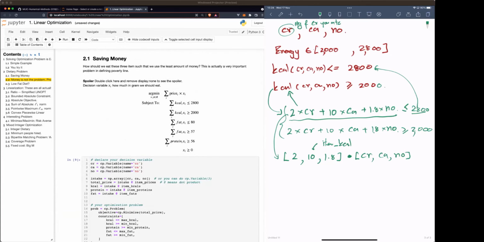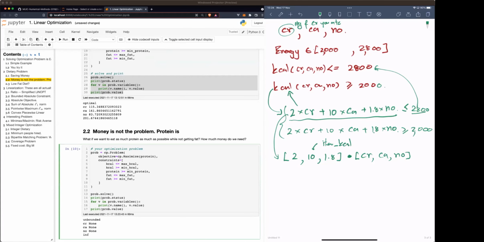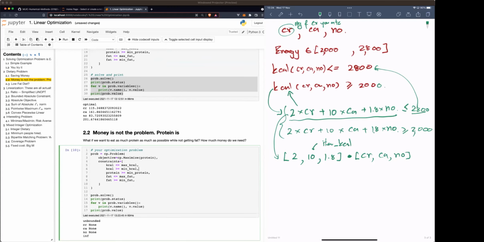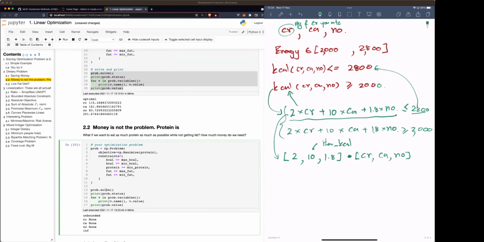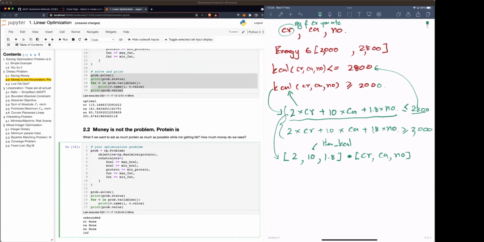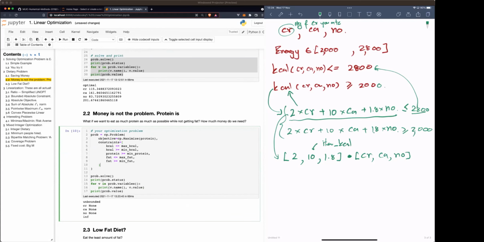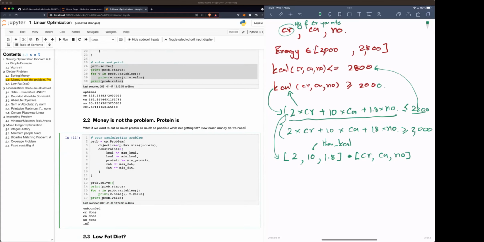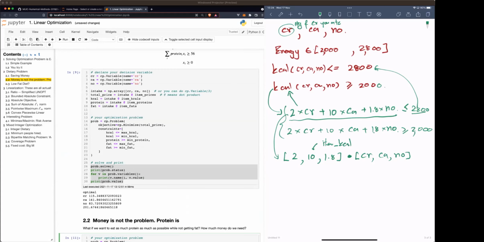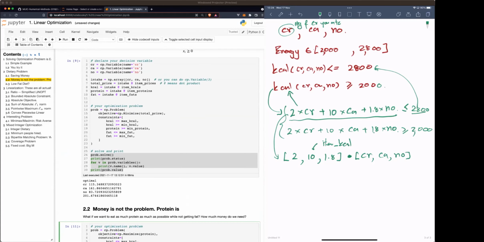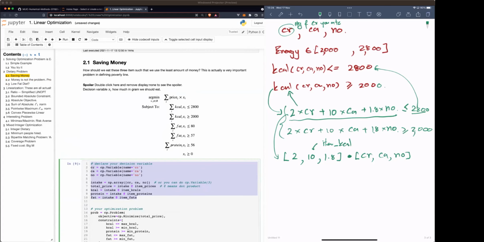No, yeah, unbounded. It has to be bounded by fat. Did I type something wrong?